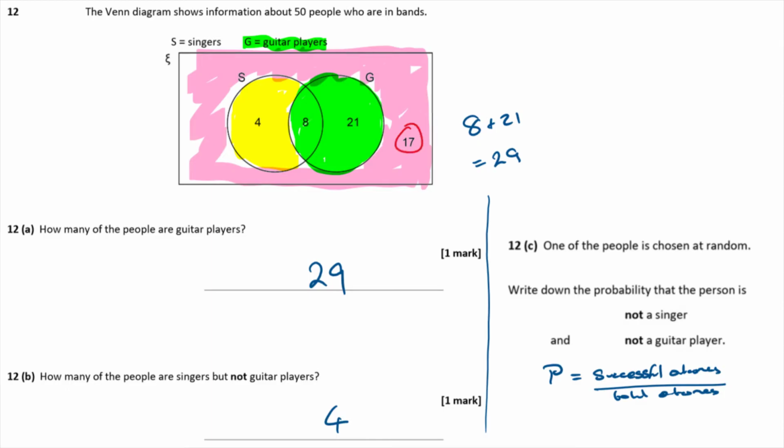There are 17 people outside the 2 circles. So it's going to be 17 not singers and not guitar players out of a total of, how many people are there altogether? 50, weren't there? Out of 50. Okay. Now 17 is prime, and 17 is not a factor of 50, so I'm not going to be able to cancel that down.